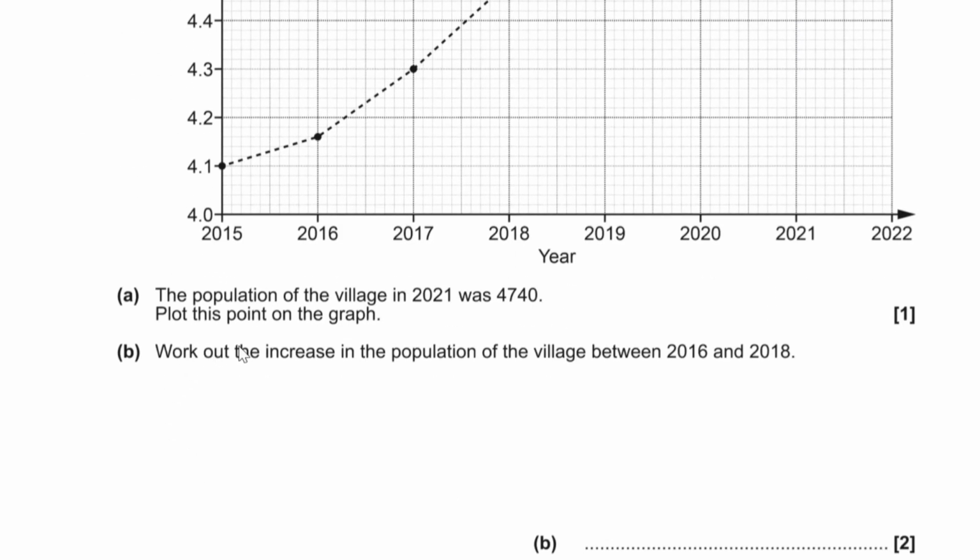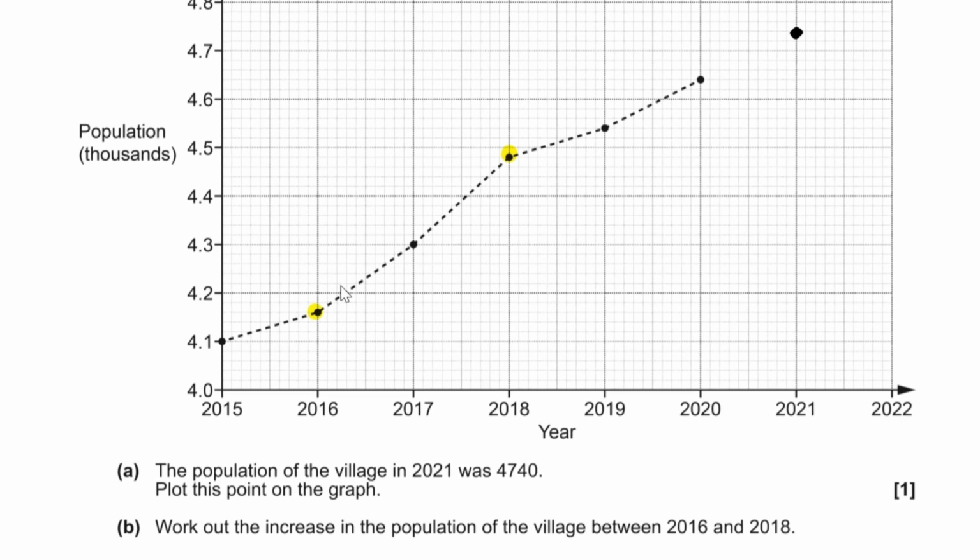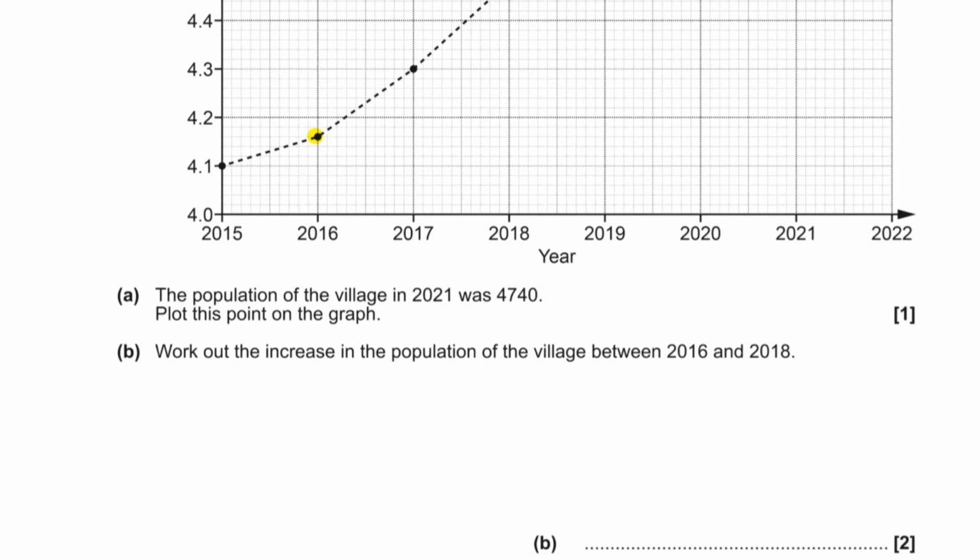For part B, we have to work out the increase in the population of the village between 2016 and 2018. So between 2016 and 2018, we have to consider this value and this value. So this value is 4,160. This value is 4,480.